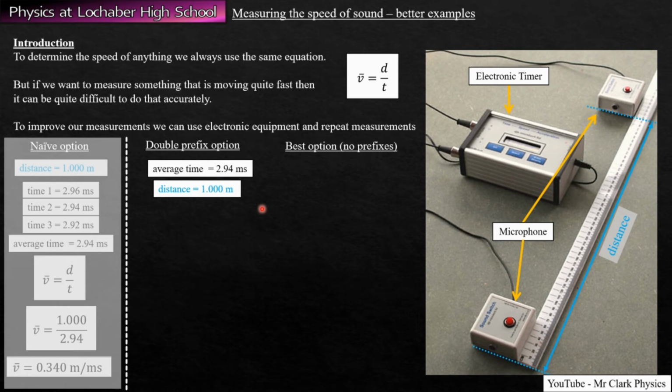So, option 1. I could say my average time is this number, which is so many milliseconds. And my distance is currently in meters. If I change the unit of meters into millimeters, then I have millis in both my time and my distance, and when I do my sum, those two effects will basically cancel out.